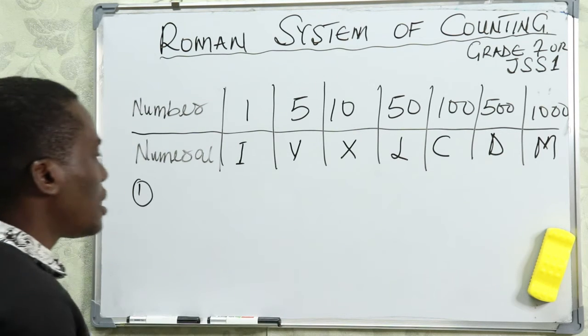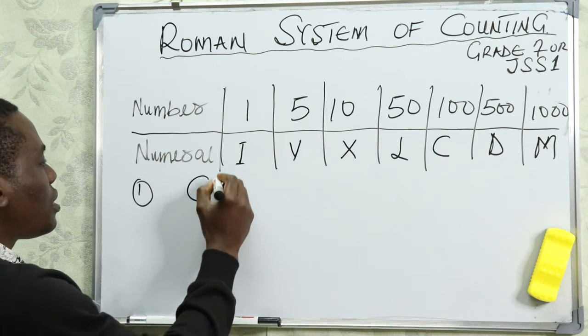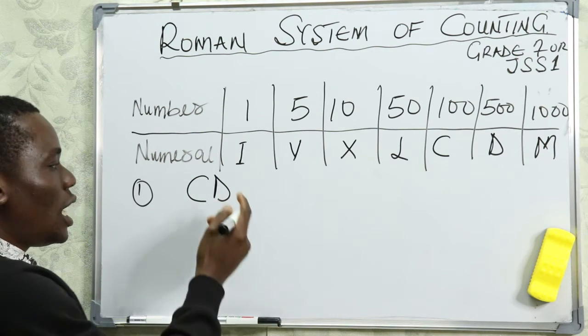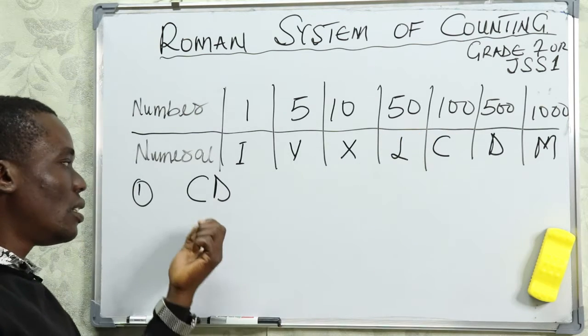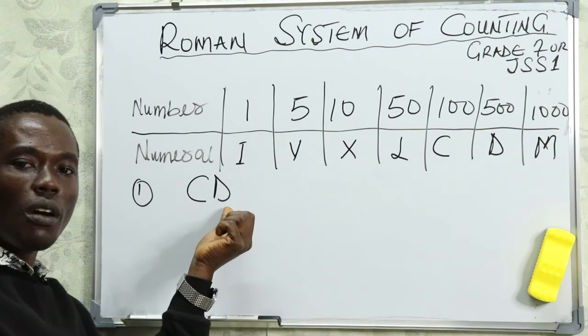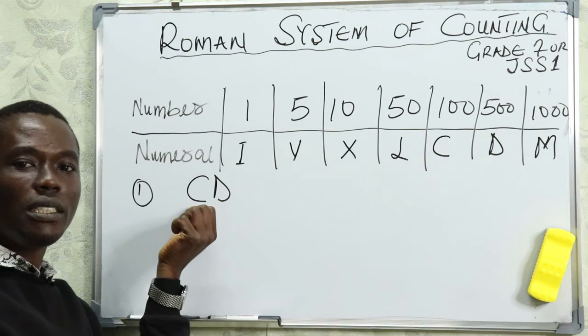What do I mean by that? Now let's assume we have our C and D. Your D is 500, your C is 100. The C is smaller than 500, and it's coming right behind the 500.